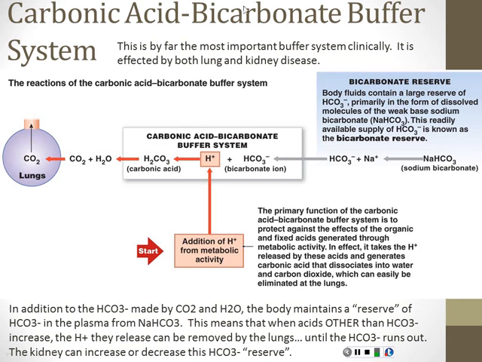So here's that buffer system, and here are the hydrogen ions we're going to add. We've had a period of increased metabolic activity. That always generates excess hydrogen ions, so those get fed into this buffer system. The hydrogen ion combines with bicarbonate, and it makes carbonic acid.